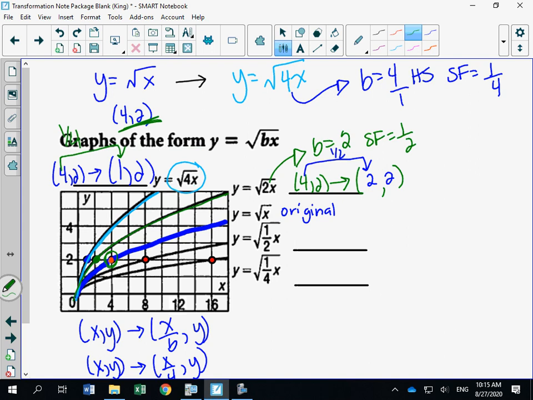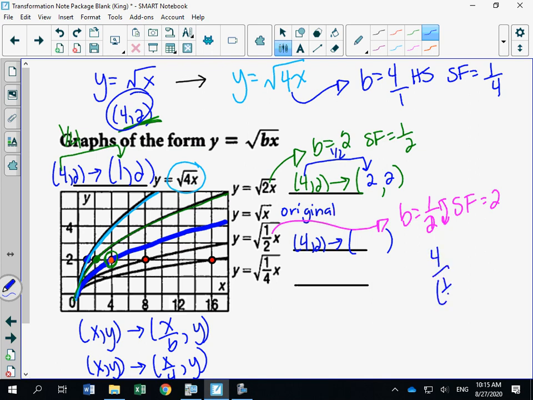We haven't done any examples where our b value is a fraction. So if our b value is 1/2, what is our stretch factor? Our stretch factor is the reciprocal of 1/2, which is 2. If our original point was 4, 2, we're doing x over b. So what's 4 divided by 1/2?